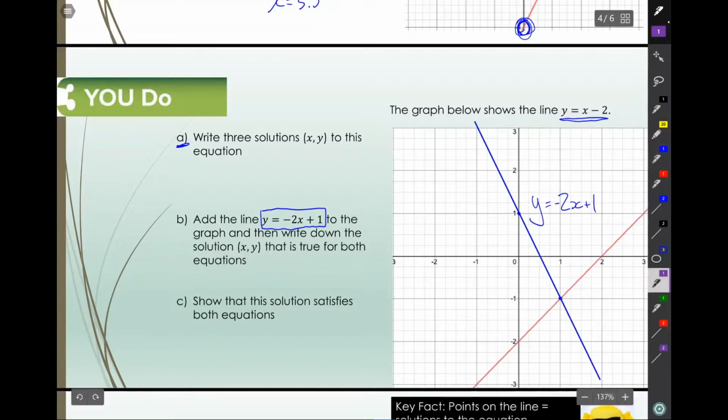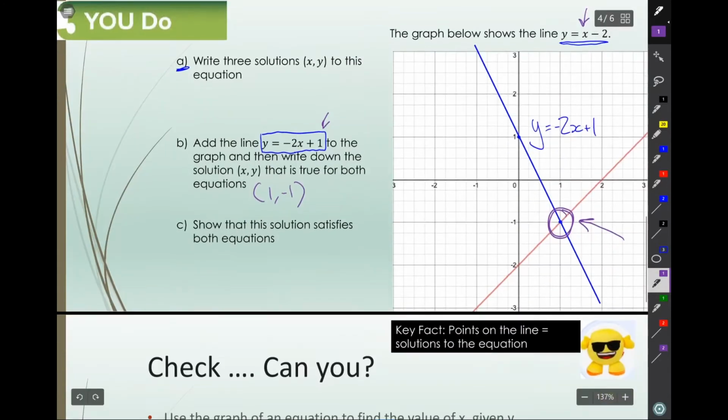And the solution to both of these equations is going to be this point here. x equals 1, y equals minus 1 is going to solve this equation and this equation because it's this point here where both equations cross over.